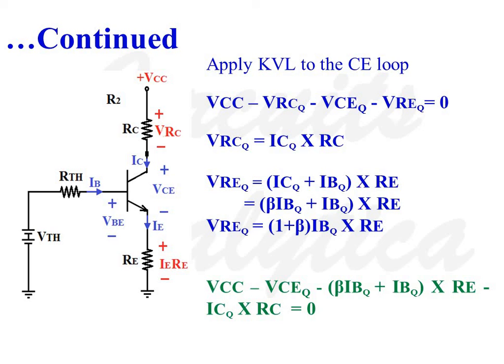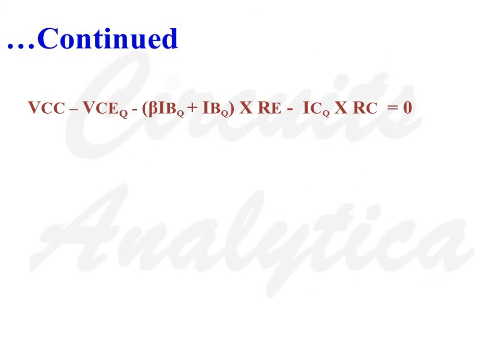Therefore, we can write VCC minus VCEQ minus beta IBQ plus IBQ into RE minus ICQ into RC is equal to 0. We know that ICQ is equal to beta times IBQ.